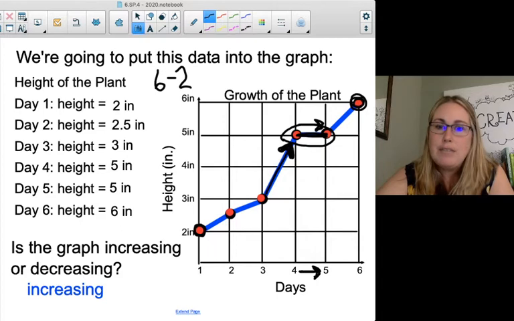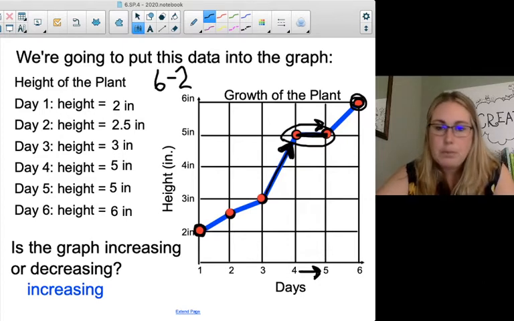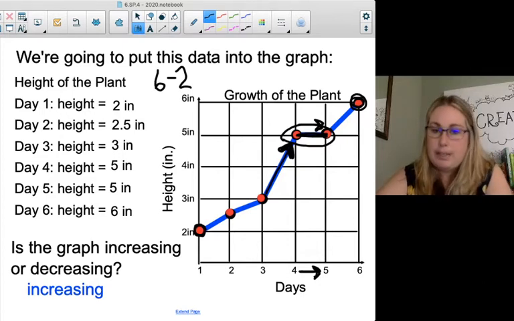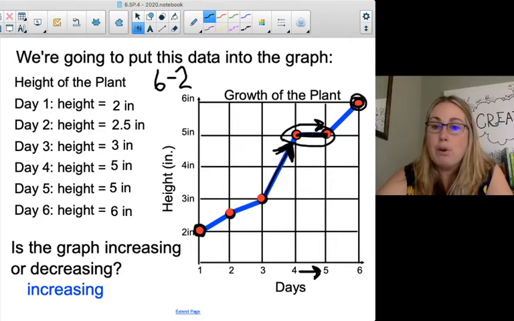But it's easier when we have a line graph to look at the slope and look for which one has the steepest slope. So, is it day 3 or day 4? Because this is our data set and it is moving towards day 4, we're going to say day 4 had the highest growth.